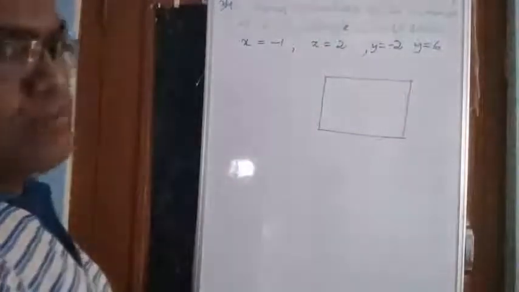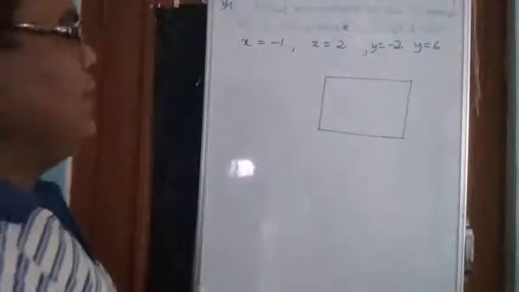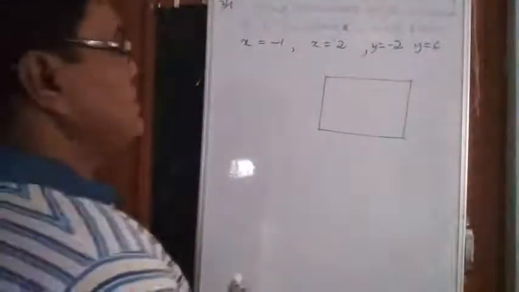It is given x is equal to minus 1, so the line is parallel to the axis.